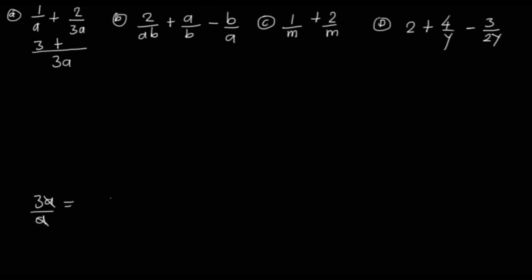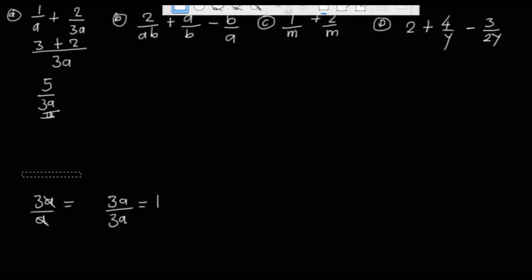Then we divide 3a into 3a, which gives 1, and 1 times 2 is 2. On the upper part, we add 3 plus 2, which is 5 over 3a. This is our final answer because it cannot be simplified further.